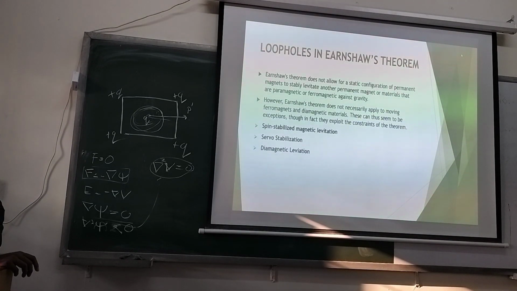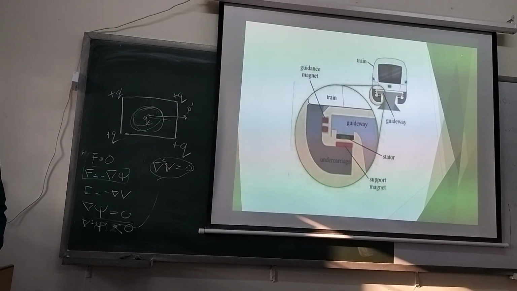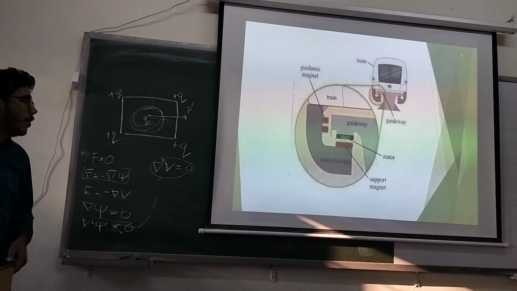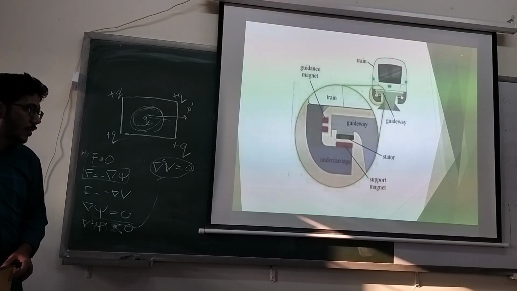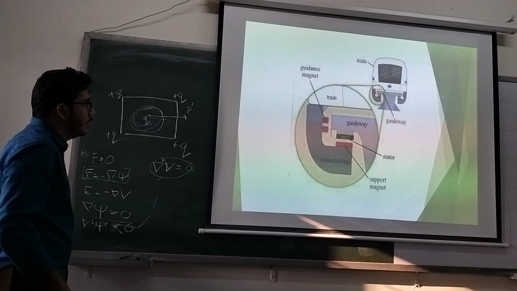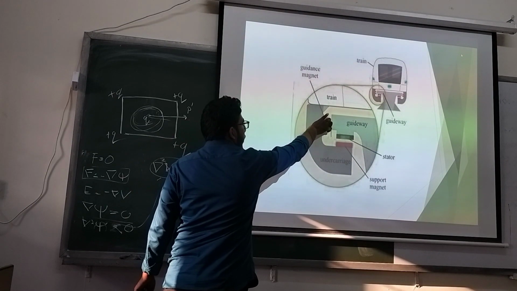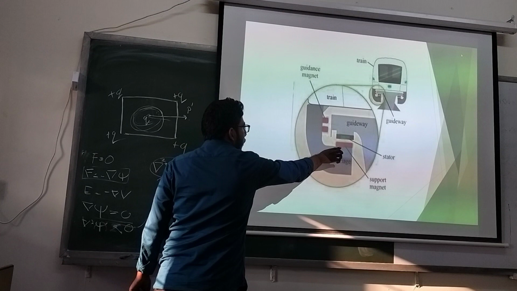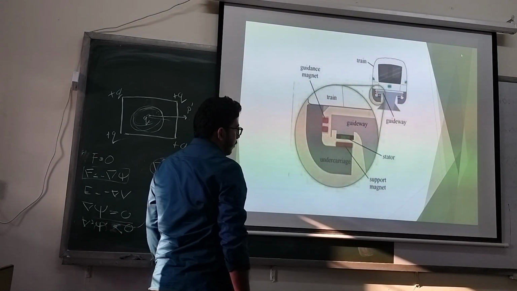In case of servo stabilization, we just apply a feedback loop to a set of electromagnets. Let's say this is a ferromagnetic object, and this is an electromagnet, so we are attaching it to a feedback system.